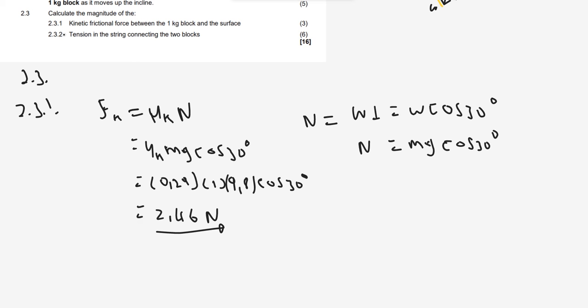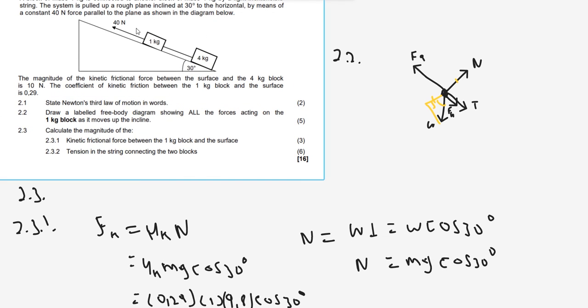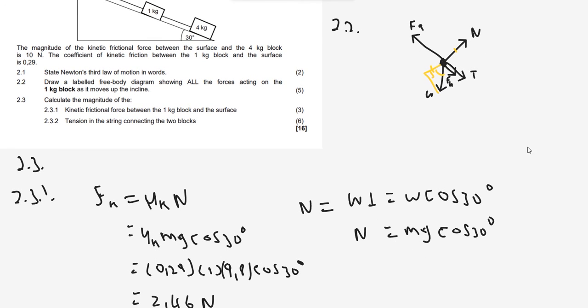Now we are doing 2.3.2. It says calculate the magnitude of the tension in the string connecting the two blocks. The magnitude, we are looking for this tension here.